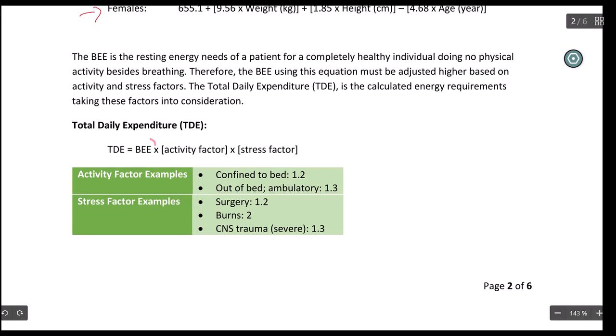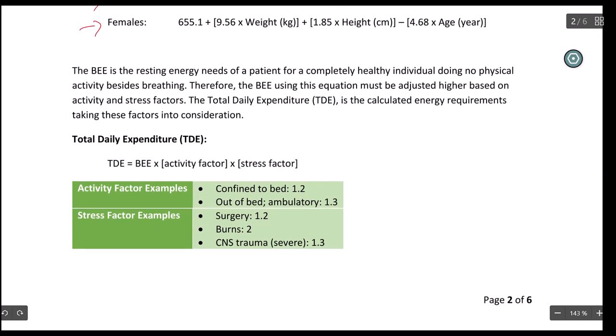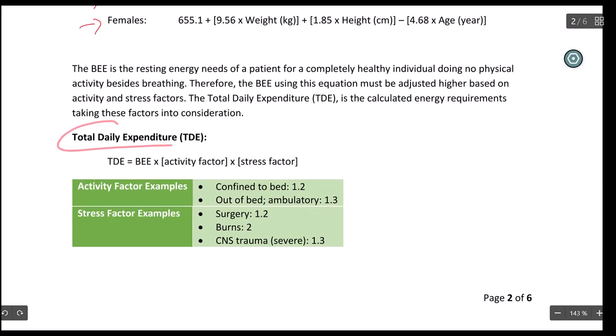If you take the basal energy requirement, that big calculation we have here, you can find out a total daily energy requirement by multiplying this number by two things. The activity level of the patient, and activity level for somebody confined in bed is 1.2. If they're out of bed and moving around, it's 1.3, times any stress factors that are there.